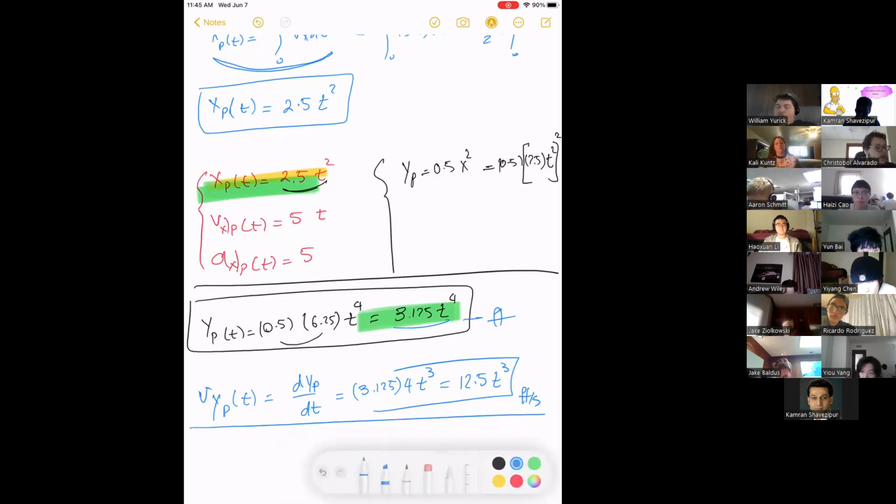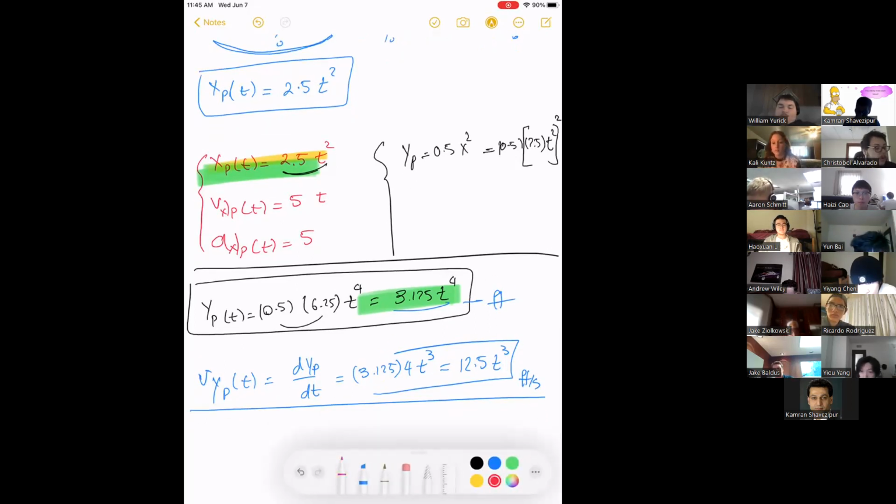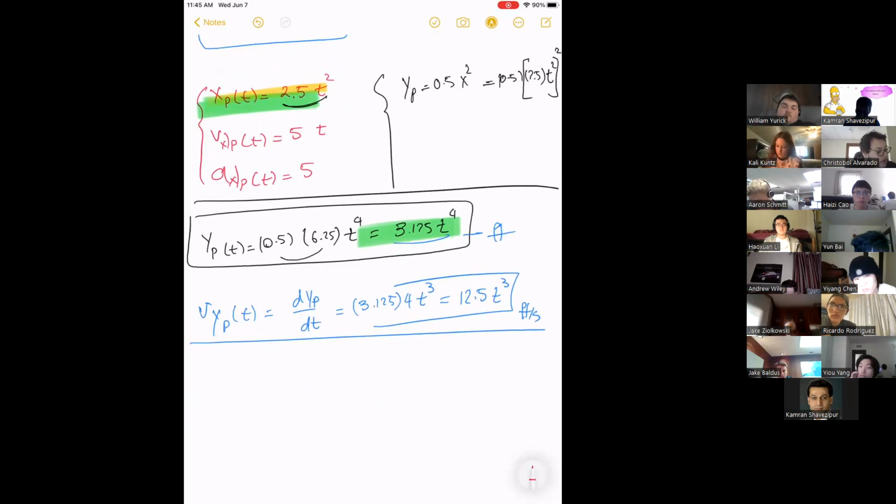And if I want to find acceleration in Y direction, it's going to be dvy dt, which is going to be the derivative of this, 12.5 times 3 t squared, which gives you 37.5 t squared.